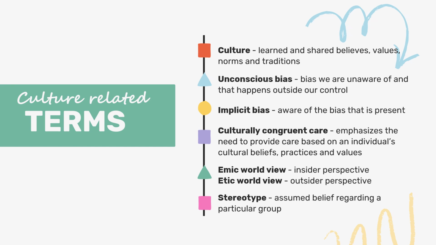So as nurses, we really need to make sure that we are self-aware and we can reflect to help identify and mitigate any of these biases. So, for example, assuming a patient from a certain culture prefers family-centered decision-making without asking. We cannot just assume, we do need to still ask that patient. Implicit bias, that is when we are personally aware of the bias that is presented within ourselves. So we do know that we have that bias.